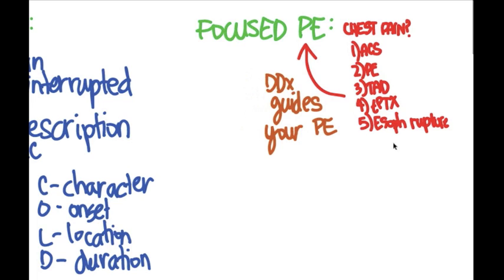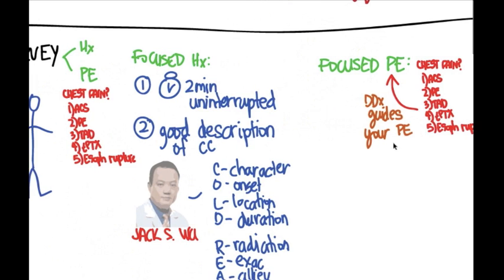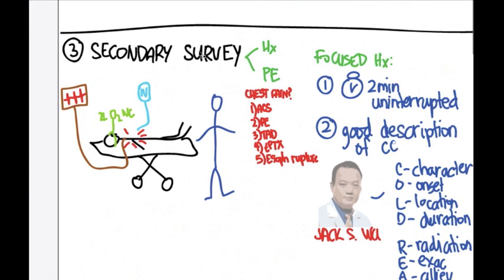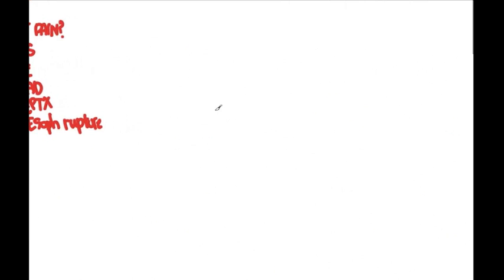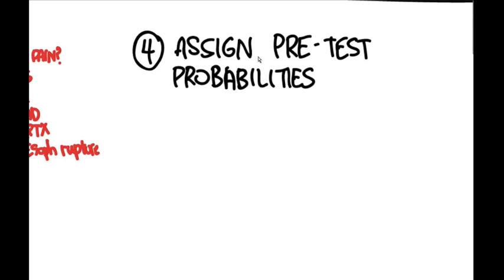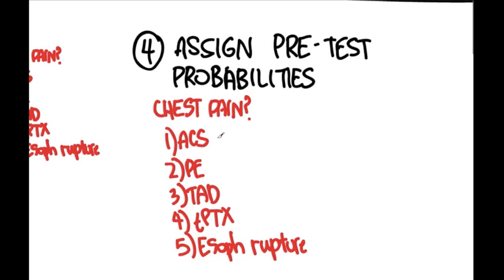And that completes your secondary survey. You have a history and physical, and you learn how to do a focused history and a focused physical. And once this is done, the next thing you're going to want to do is to refine your differential further, and that is to assign pretest probabilities to all the diagnoses in your differential. So based on your history and physical, what is the likelihood that you think the patient is suffering from an acute coronary syndrome?